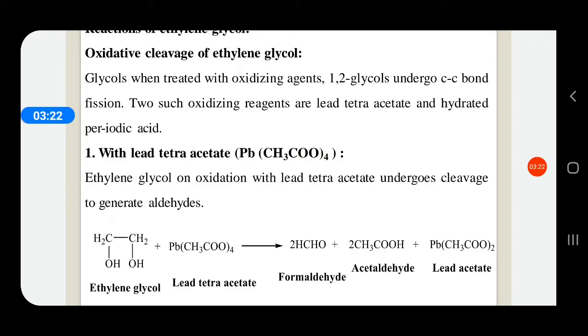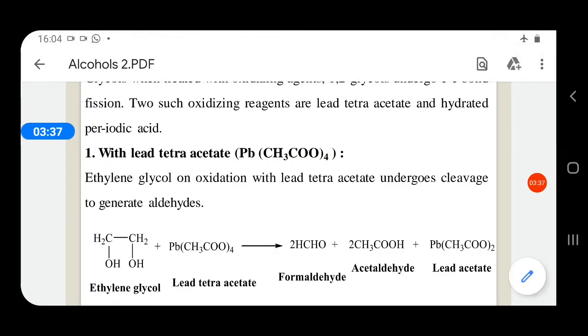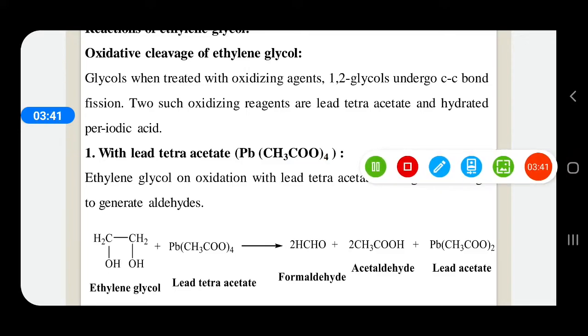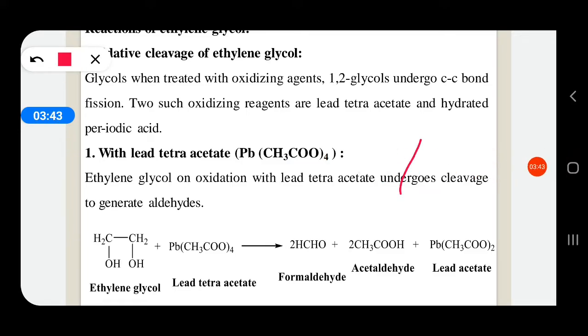Two such oxidizing agents used here are lead tetraacetate and periodic acid. Let us see the first one, lead tetraacetate.